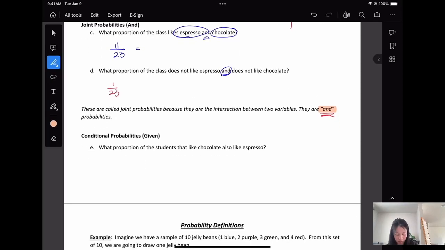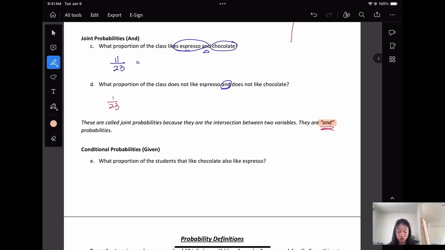Okay, so conditional probability. What is conditional probability? What proportion of students who like chocolate also like espresso? This is a conditional probability.